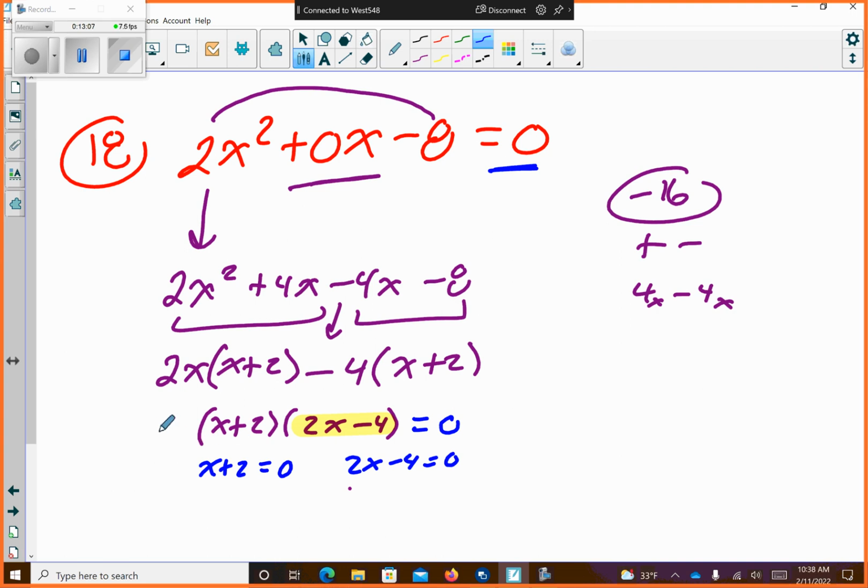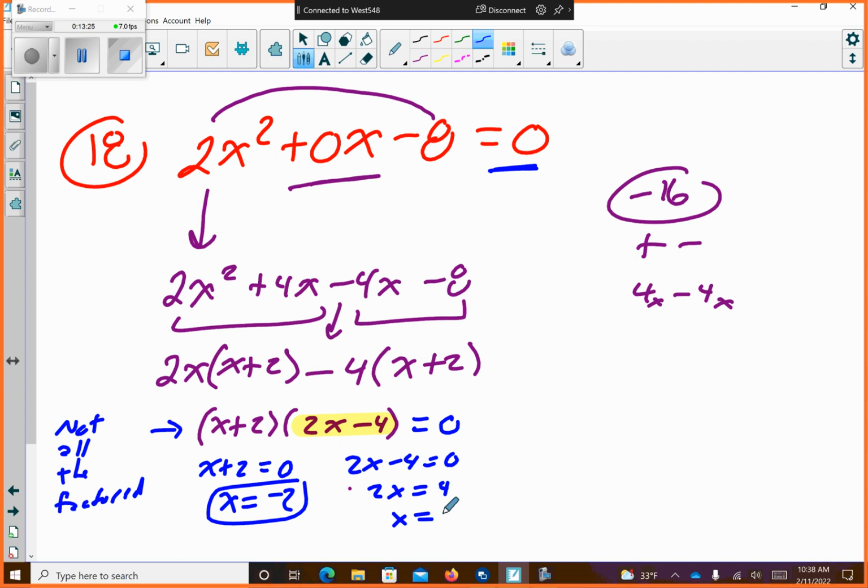So this is not all the way factored. But because we're solving it, it will work. So here I'm going to subtract 2. Here I'm going to add 4 and divide by 2. So I get that. Now, the reason I say it's not all the way factored is this region right here.